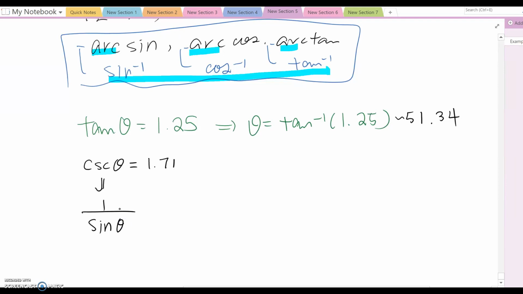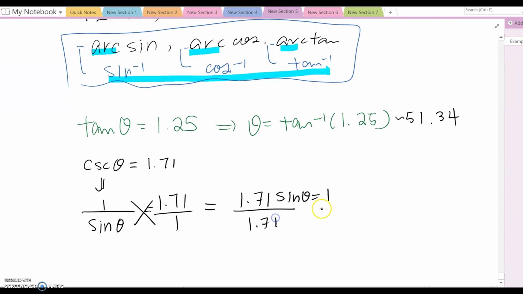Thus you can rewrite it: 1 over sine theta equal to 1.71 over 1, and cross multiply, then it becomes 1.71 sine theta equal to 1. So divide by 1.71. Then what do you get?